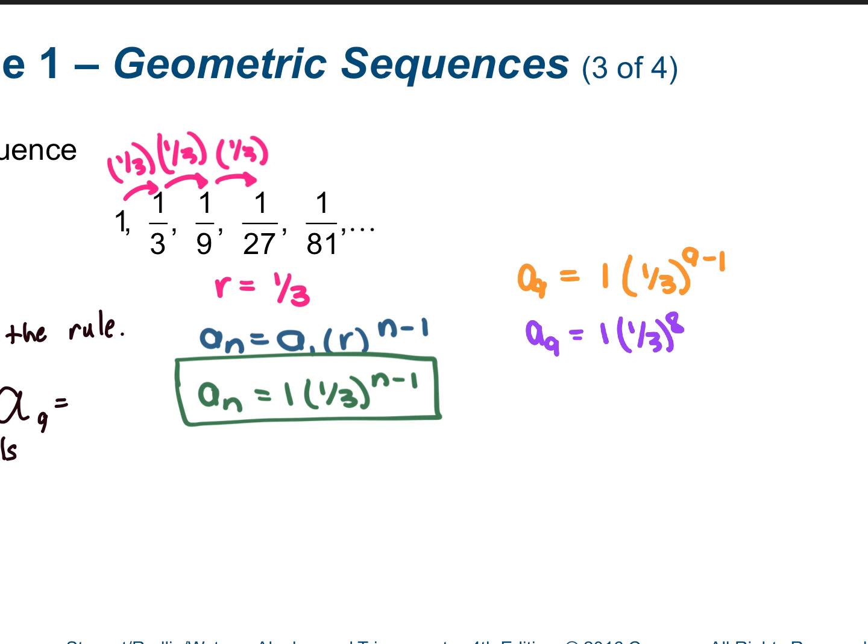So you're going to have to actually take that power and apply that power to both the numerator and the denominator to give you a sub 9 is equal to 1 times 1 to the 8th power over 3 to the 8th power. The 1 times anything is just that term that we're multiplying the 1 by, so I'm going to get rid of that 1 in this next step and do a sub 9 is equal to 1 to the 8th power, which is 1 over 3 to the 8th power, which is 1 over 6,561.